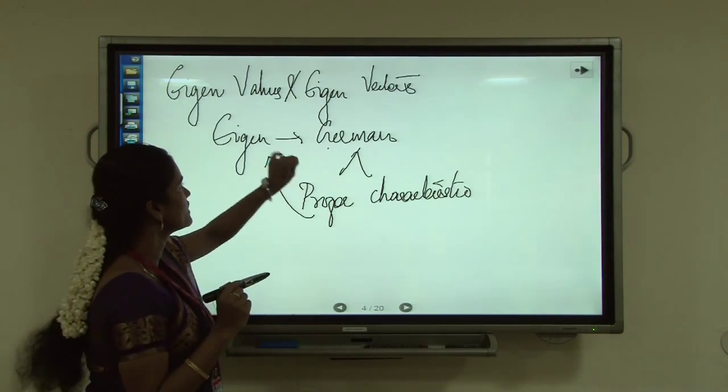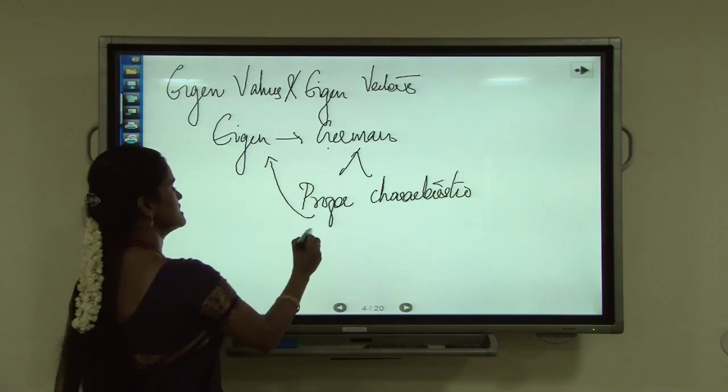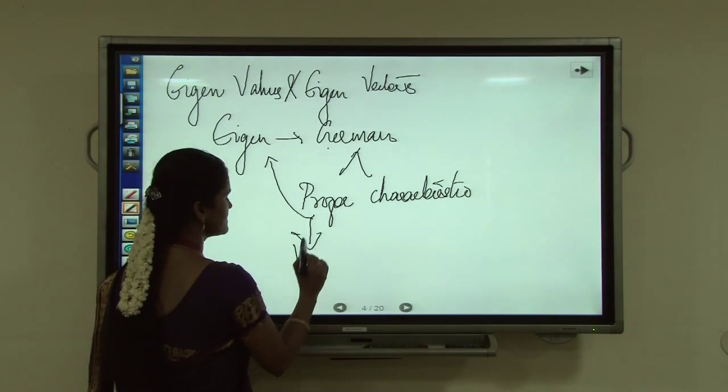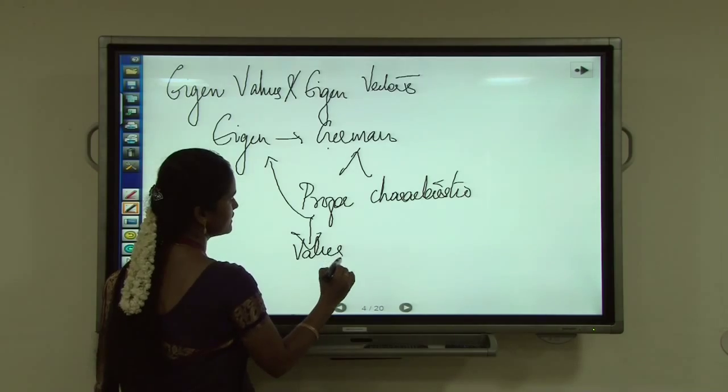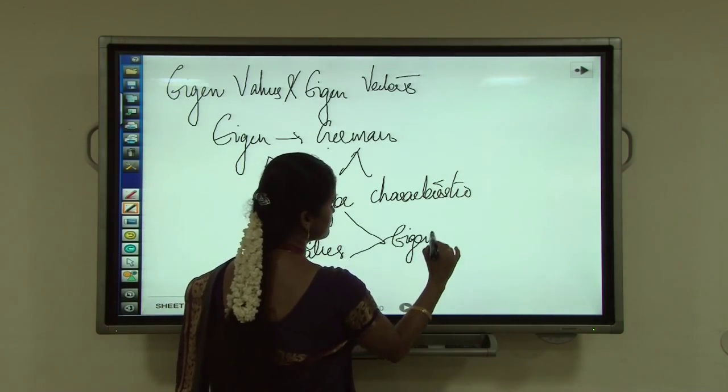Through this German word we represent them as eigenvalues. So the proper values we call eigenvalues.